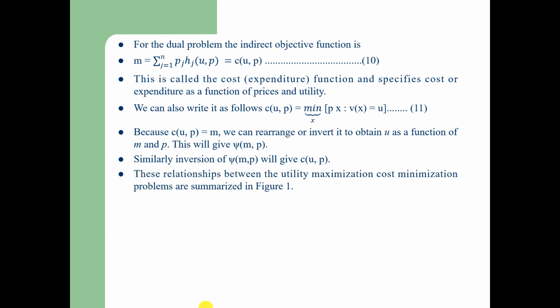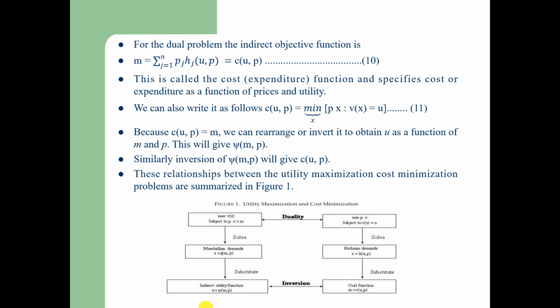These relationships between the utility maximization and cost minimization problems are summarized in this figure. So here we combine utility maximization and cost minimization. Utility maximization is on the left hand side.